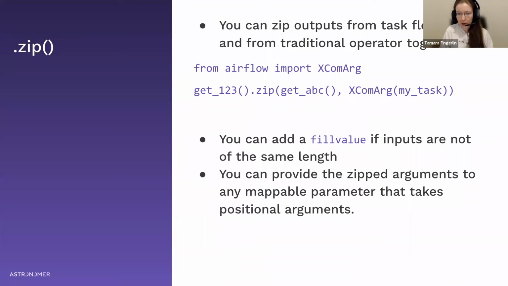You can do the same thing here with the .zip method. You can simply pass in any value to the fill_value parameter that you define directly in the .zip method, and then it will fill up any missing elements of the shorter lists. And you can provide these zipped arguments to any mappable parameter that takes several positional arguments.